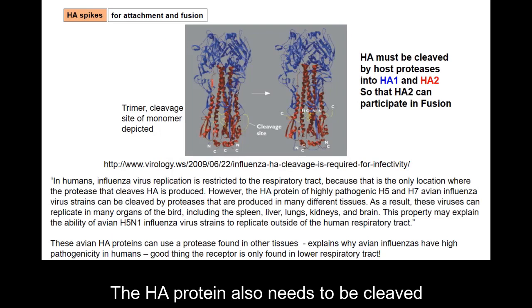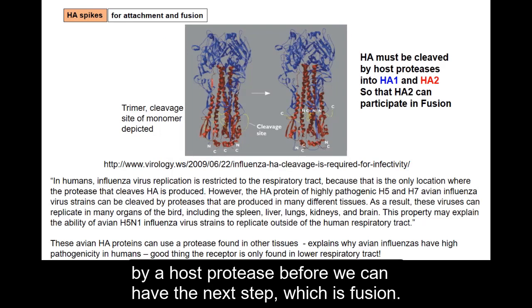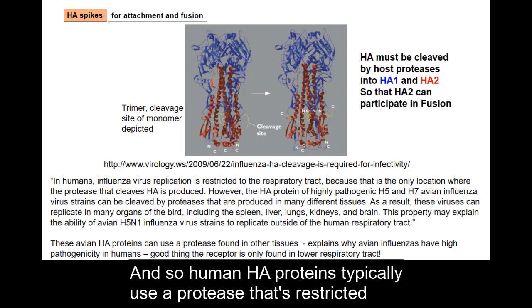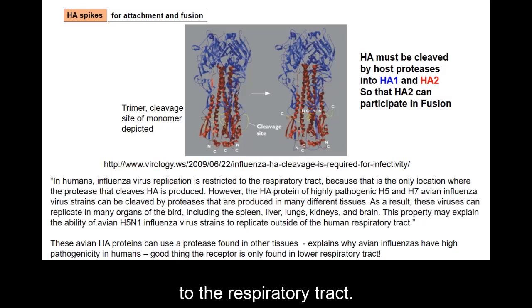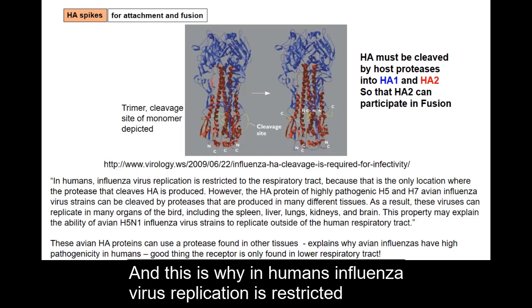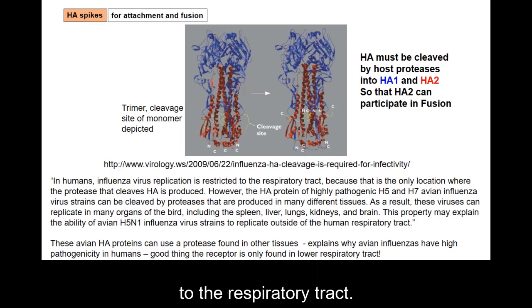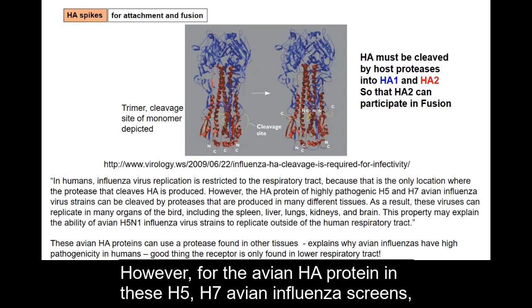The HA protein also needs to be cleaved by a host protease before we can have the next step, which is fusion. And so human HA proteins typically use a protease that's restricted to the respiratory tract. And this is why in humans, influenza virus replication is restricted to the respiratory tract.